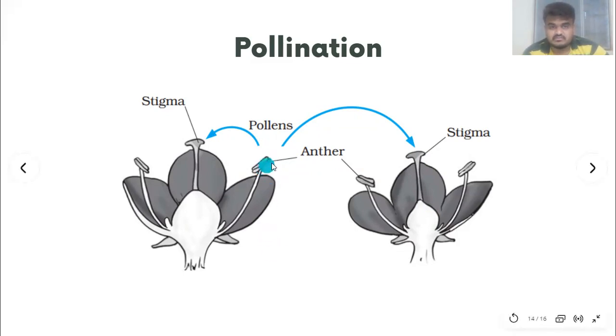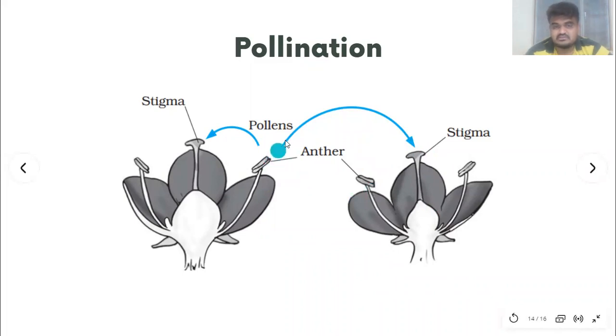When this coat dries, the pollen grains become dry and go from the anther to the stigma, because these pollen grains are very light. So they can be carried to another stigma with the help of air or even by water also.